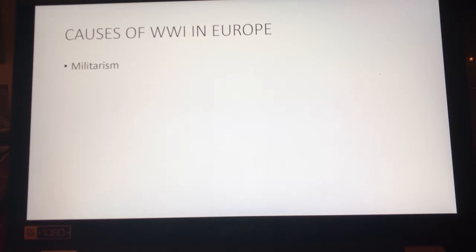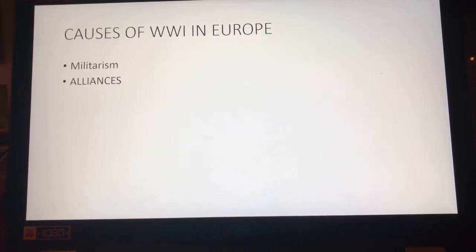There was this huge war between the European nations that were carving up Africa, and they basically had the preliminary round for World War I, where they used all their weapons in Africa for domination. Alliances: we saw this form when they were carving up Africa too, that groups of people started to ally with each other, and they said if someone attacks you, it will be an attack on all, and we will come to your rescue.